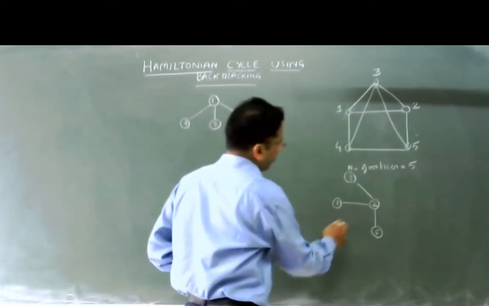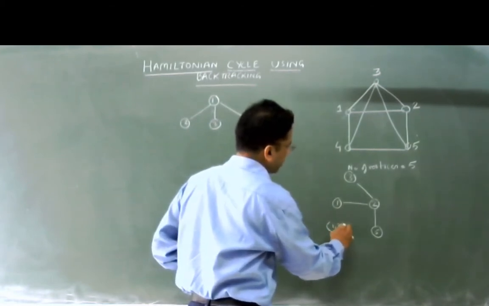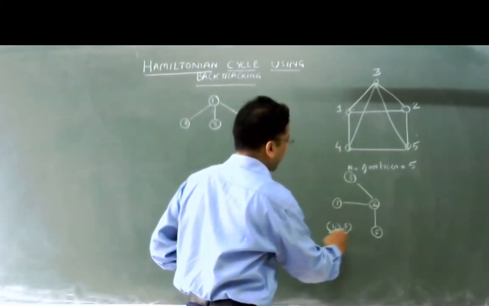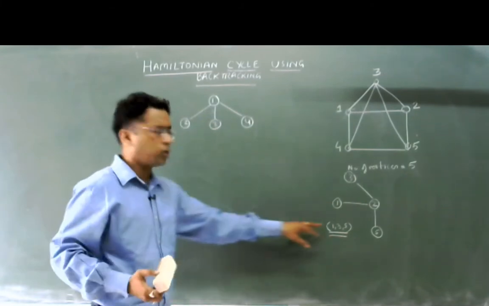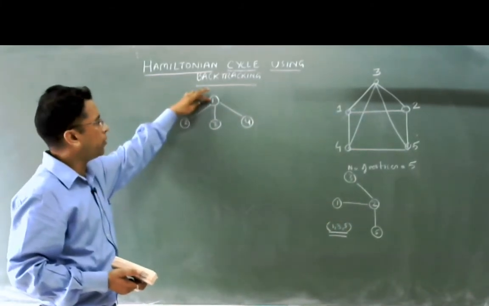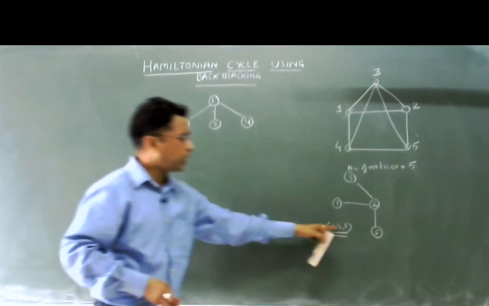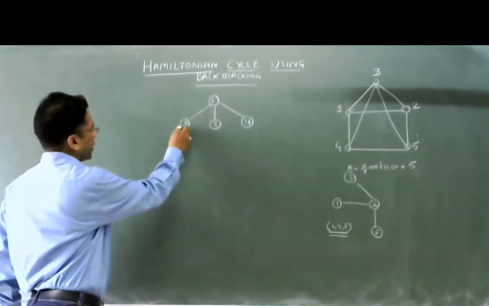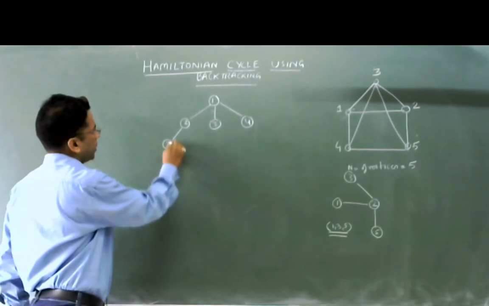The adjacent vertices as per the topological order are 1, 3 and 5, but 1 has already been covered, so the next options are 3 and 5.